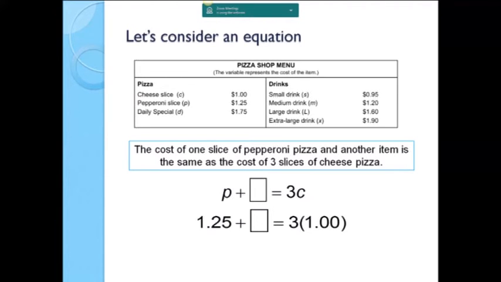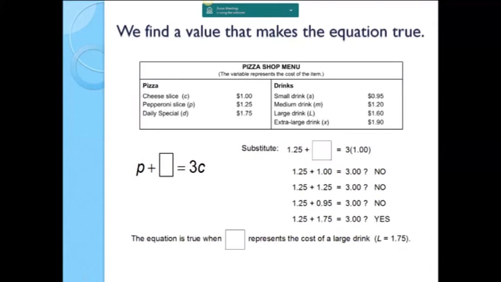Students can then substitute in the appropriate values to arrive at this equation with 1 unknown. Students could use some sort of guess and check and substitution to find the missing value. At this point, students may not have been introduced to procedural equation solving methods. And remember, there's a 6th grade standard that suggests that students use a solution set to find solutions to equations. This menu acts as a solution set.